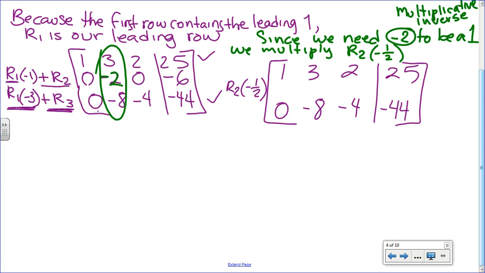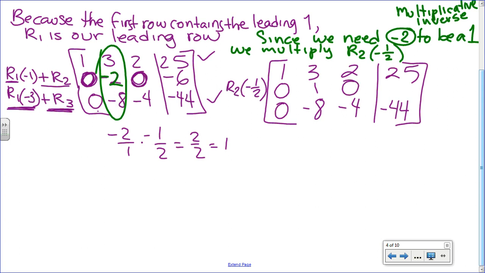So we'll have 0 times negative 1/2 is still 0. And then we have negative 2 times negative 1/2. We already said that was 2 over 2, which is 1. Next number, 0 times negative 1/2, still 0.